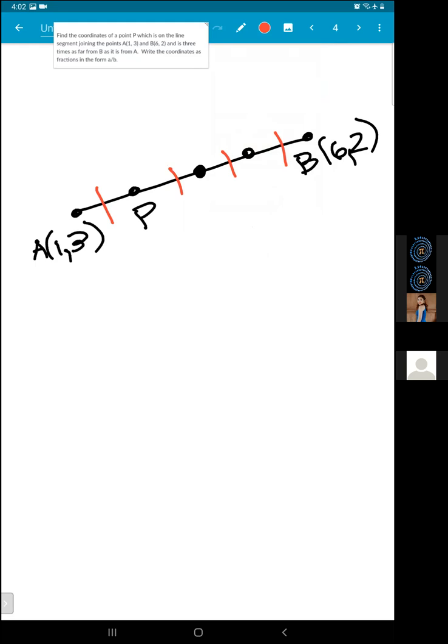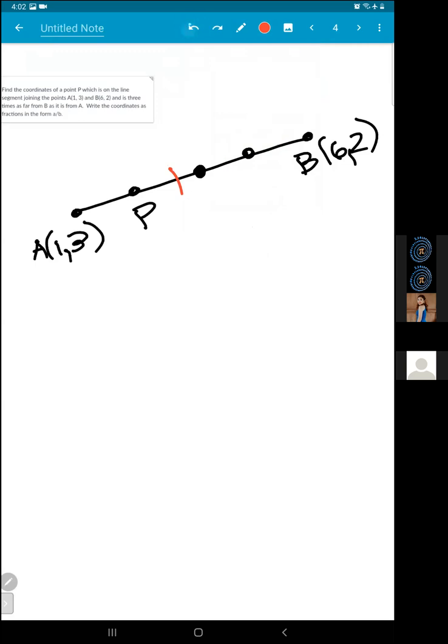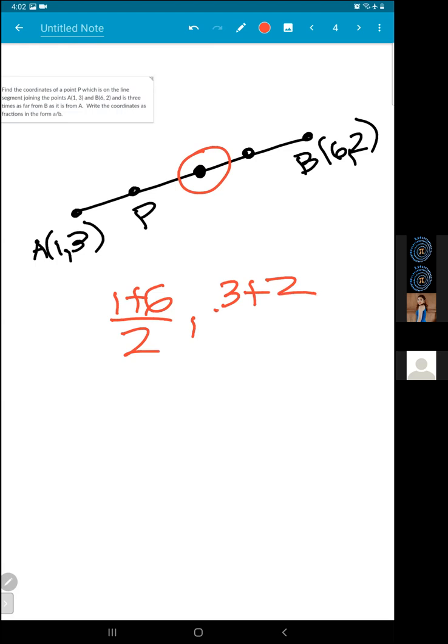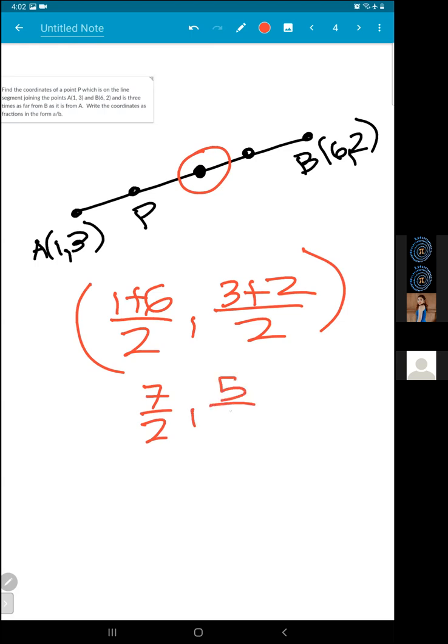So to get P, you get the midpoint first, of A and B. If I'm not mistaken with the calculations, okay?